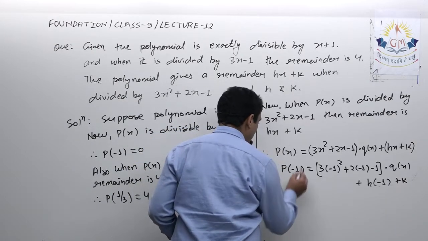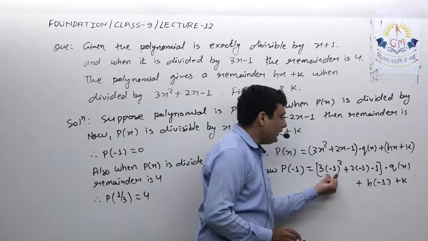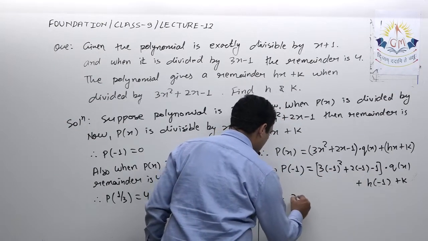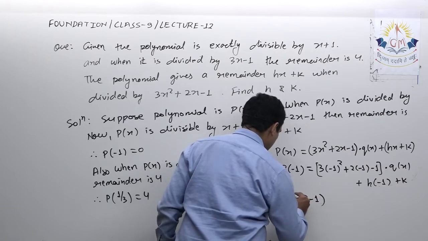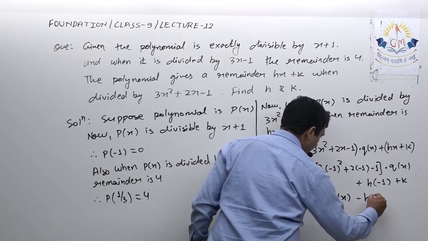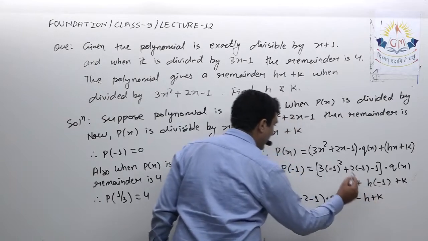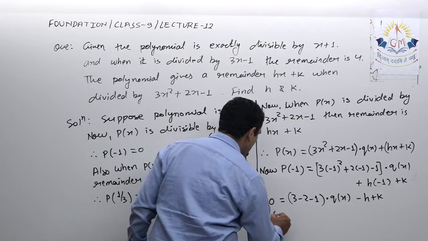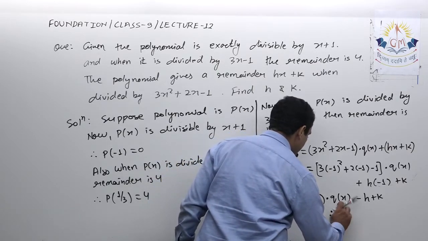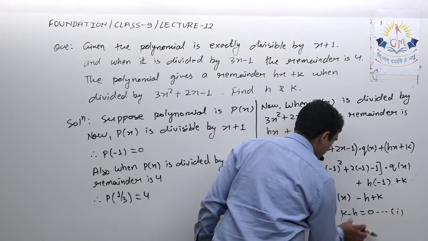So p of minus 1 I have already, that is 0. Now here if you check, it is 3 minus 2 minus 1, that means 0. Still I am writing that step, 3 minus 2 minus 1 multiplied by qx, minus h plus k. So this is 0, so simply I can say minus h plus k equal to 0. Therefore 0 is equal to minus h plus k, or I can say k minus h is equal to 0. This is my first equation.